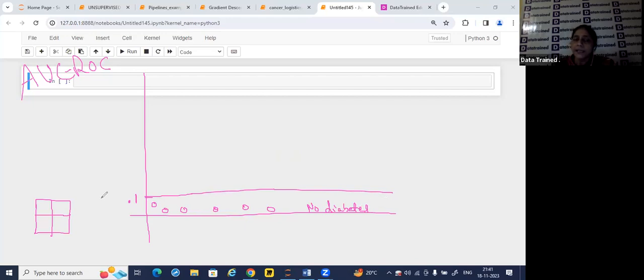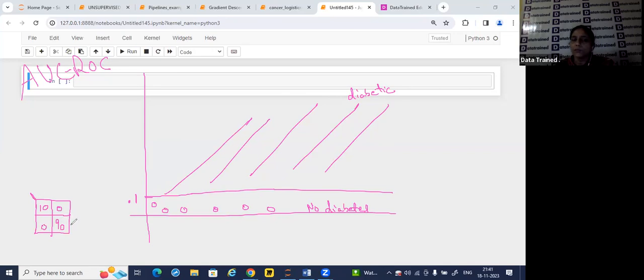So 10% of the people are considered non-diabetic. The remaining 90% all fall into the diabetic case. It means 90% of the people are diabetic if the threshold value goes to 0.1. So this would be the kind of confusion matrix if 100 records are there.